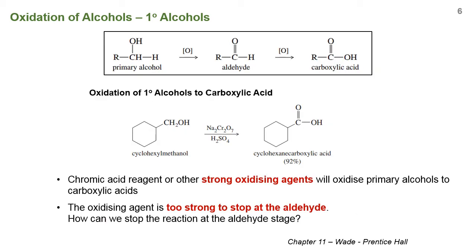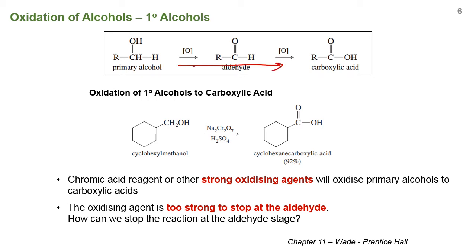For the primary alcohols, there are two options. The first one is oxidation one time to aldehyde, and it can oxidize further to carboxylic acids. So if you do not control it and you use a strong oxidant, it will go straight from primary alcohol to carboxylic acid.